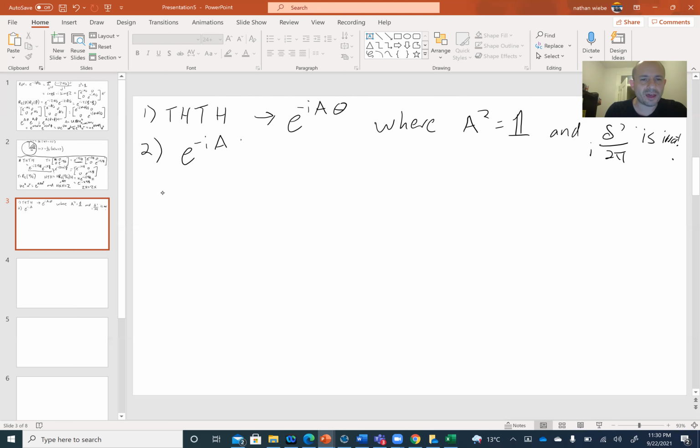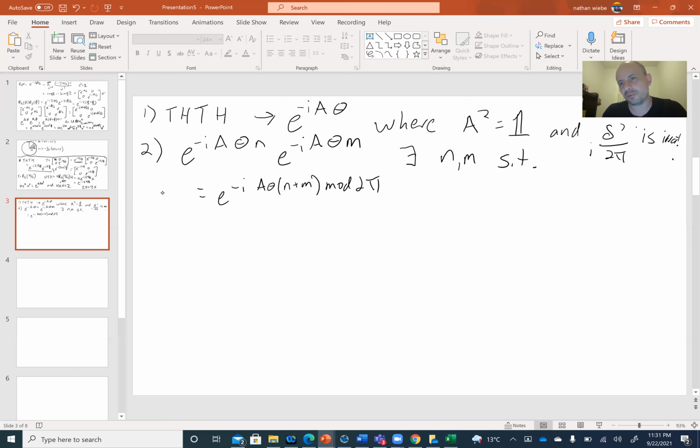So e to the negative I a theta n, e to the negative I a theta m, what we would like to show is that there exist n and m such that this operation is equal to e to the negative I a, well, of course, theta n plus m mod 2 pi.